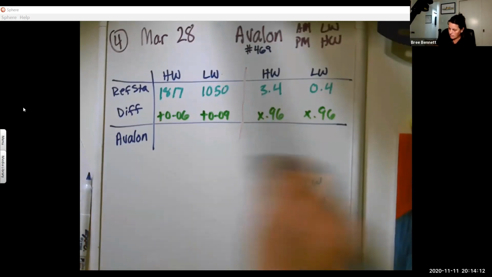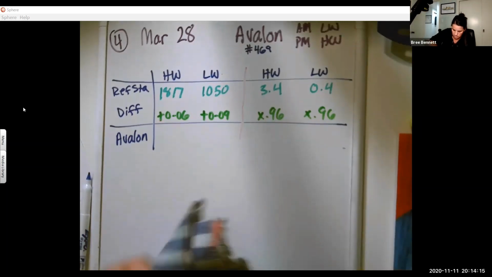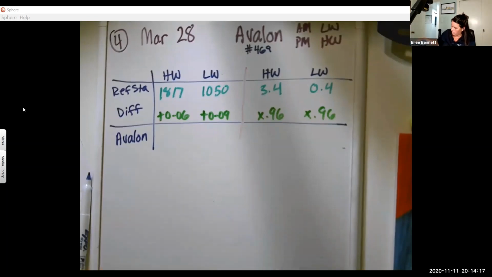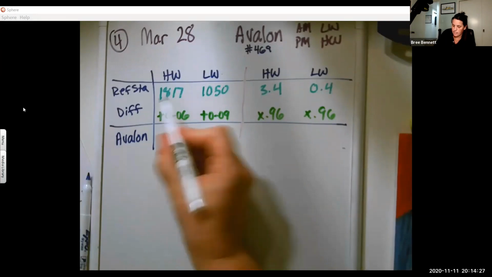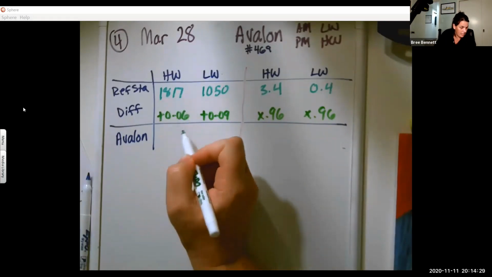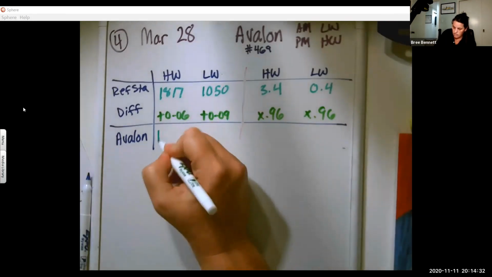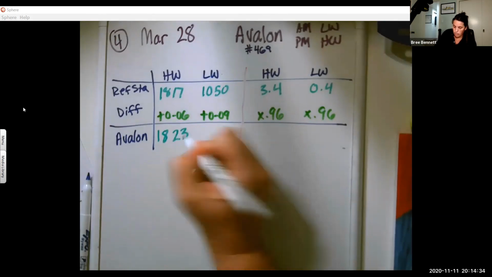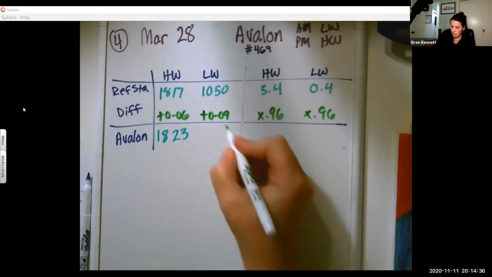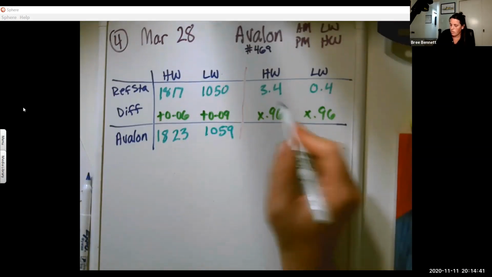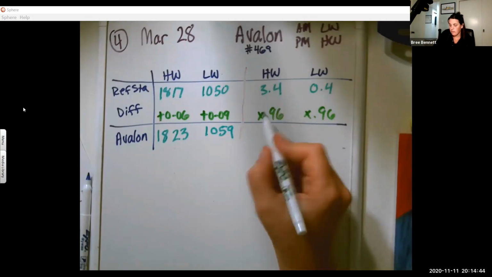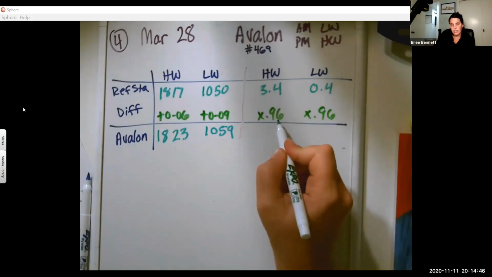So I'm going to erase this guy. And now I'm going to apply my numbers. So I have 1817 plus my 6 minutes gives me 1823. 1059. 3.4 multiplied by 0.96.